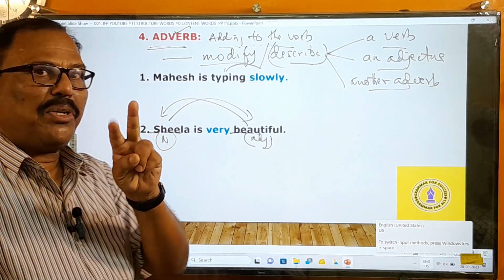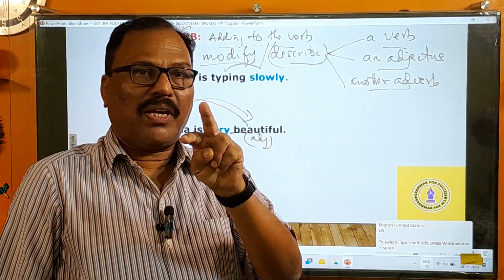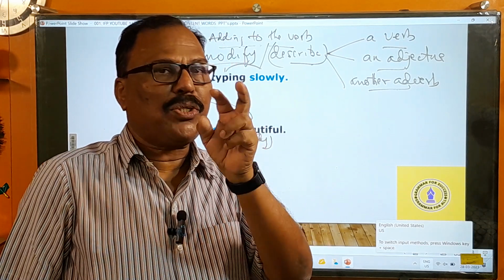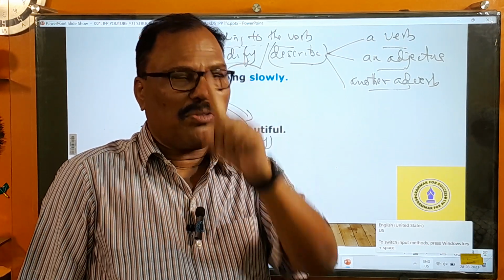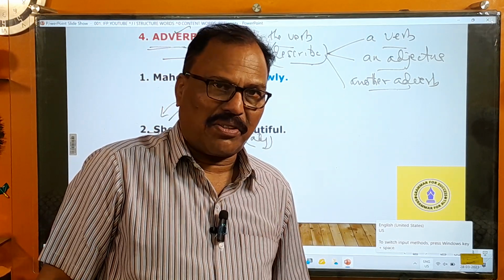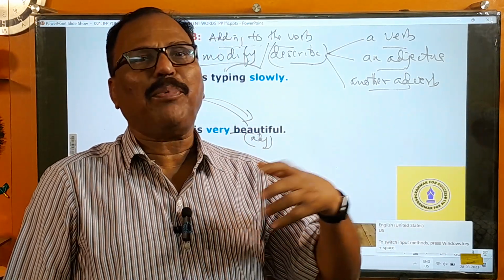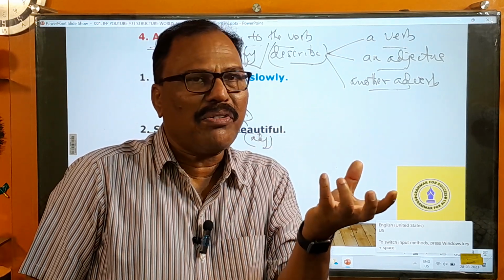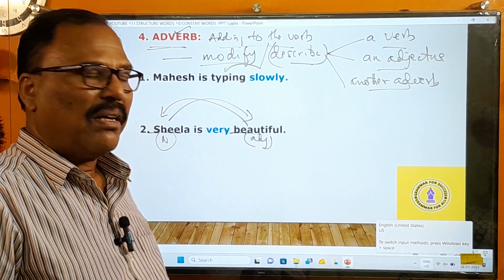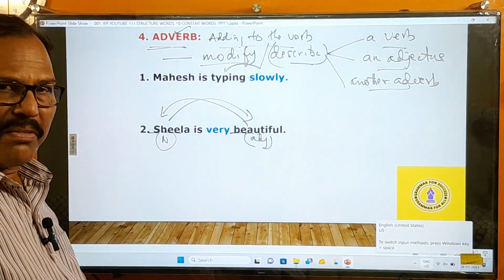So adjectives can be used in two ways: attributively and predicatively. About these two kinds of use, I am going to teach you at the time of teaching you about adjectives. What is attributive use? What is predicative use? I am going to deal with it very elaborately in the forthcoming videos.